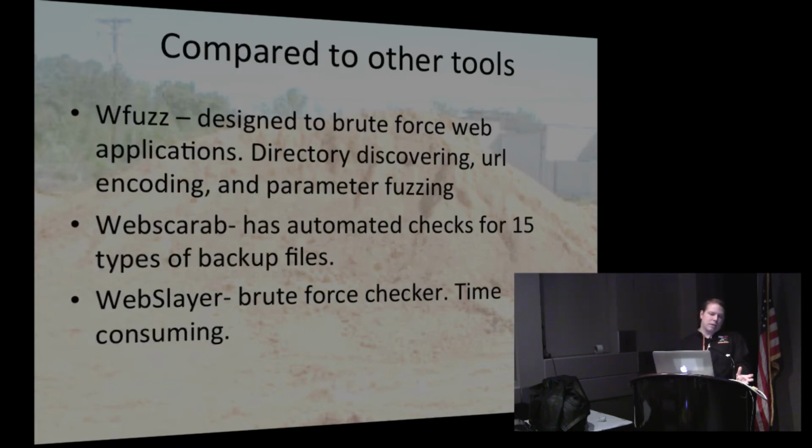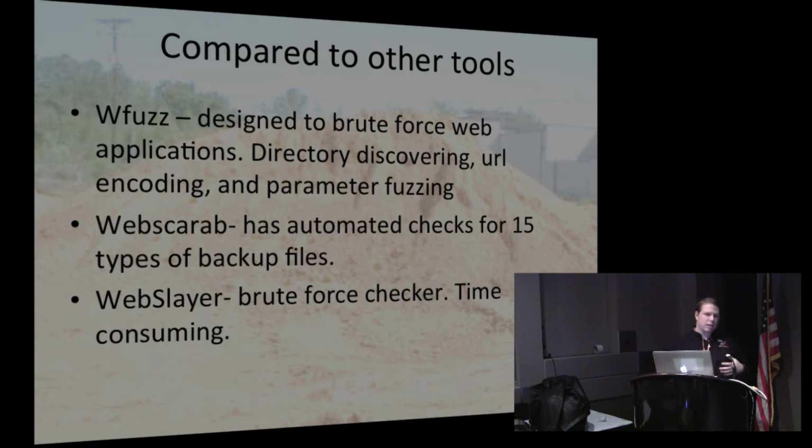I don't want to say my tool's the best or anything like that, because it's far from it. I wanted to give you an idea of what other tools can do compared to what I helped develop. WFuzz was designed to brute force web applications, and it does directory discovery, URL encoding, and some parameter fuzzing, but again, it's fuzzing.